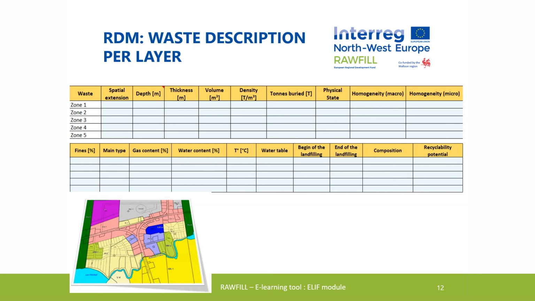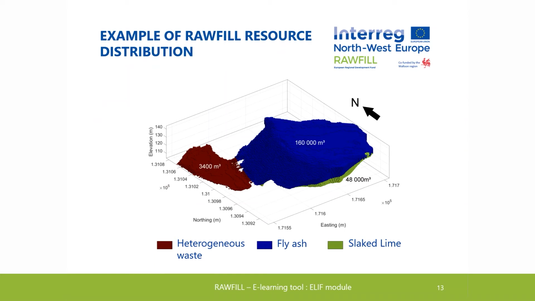Assessing the percentage of fine materials is important as these fine materials are currently difficult to valorize. The resource distribution model is based on the fine interpretation of geophysical images and guided waste samples. It feeds ELIF with important data: landfill bottom, landfill limits, water table, and homogeneous layers of waste.